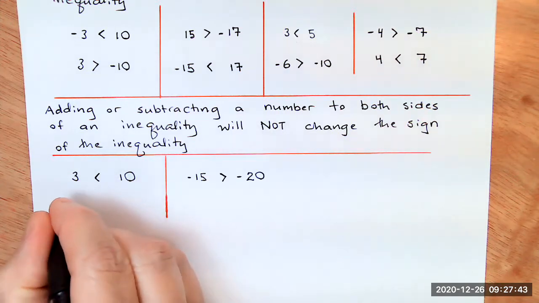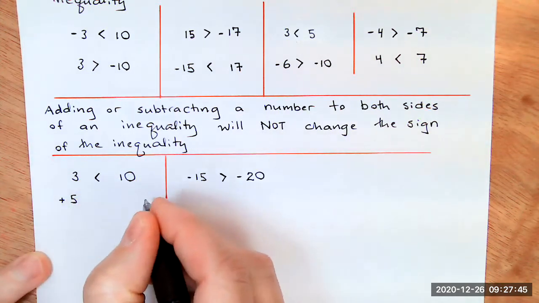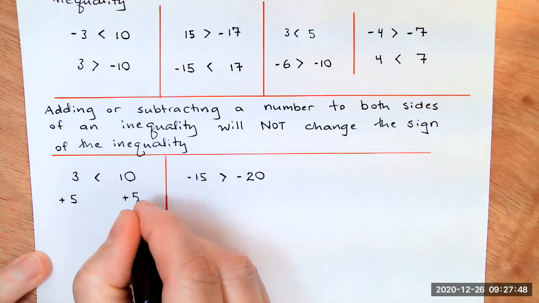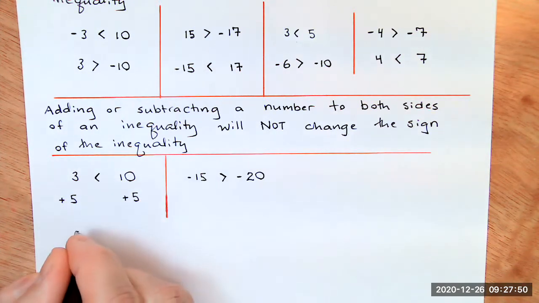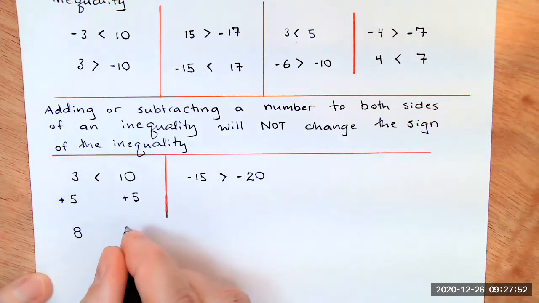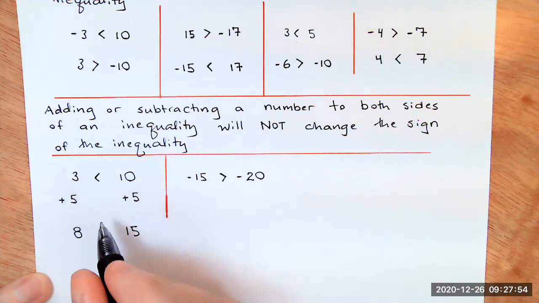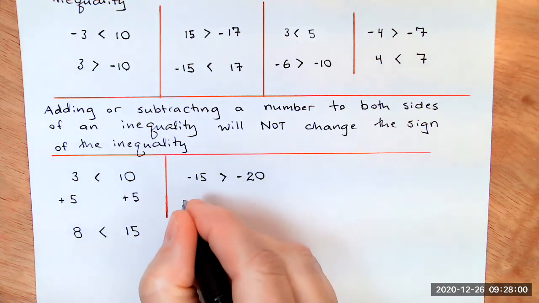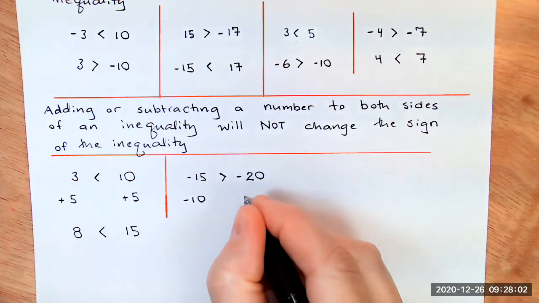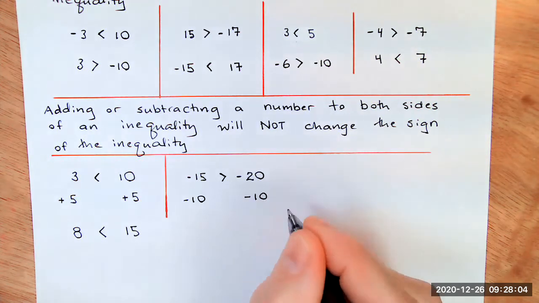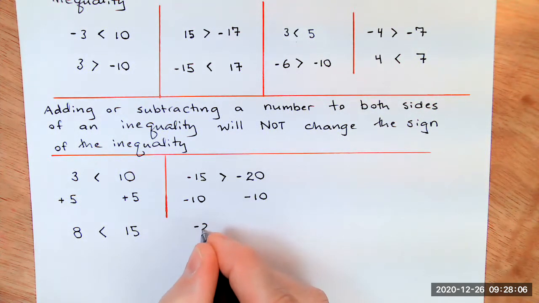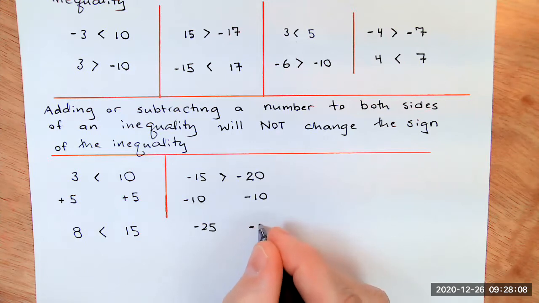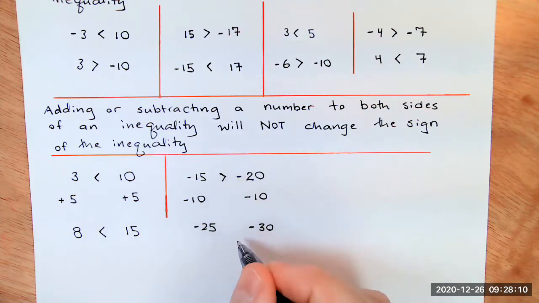So if we were to add the same number to both sides, you can see that the sign of the inequality stays the same. And if we subtract the same number from both sides, you can see that the sign of the inequality stays the same.